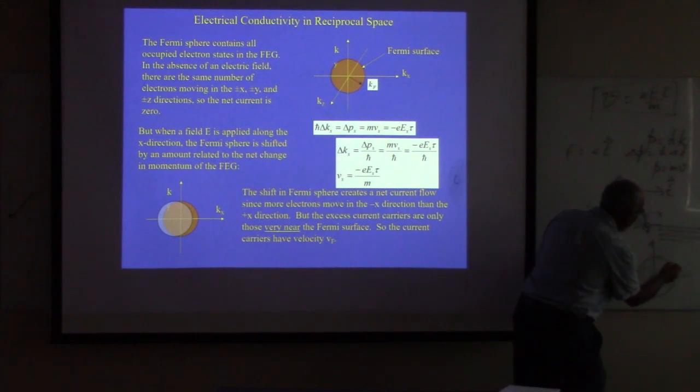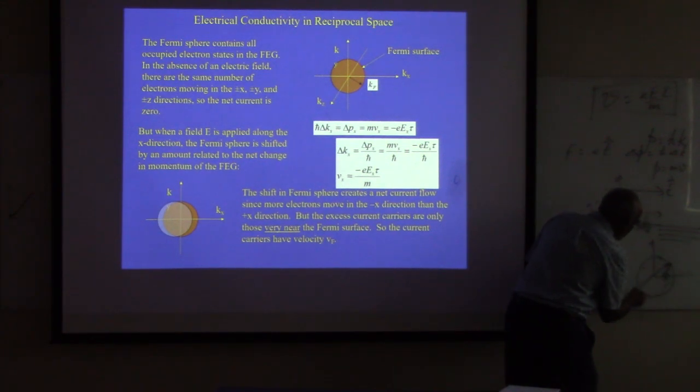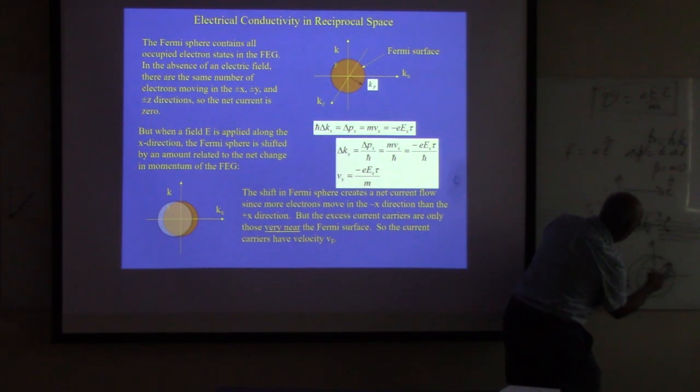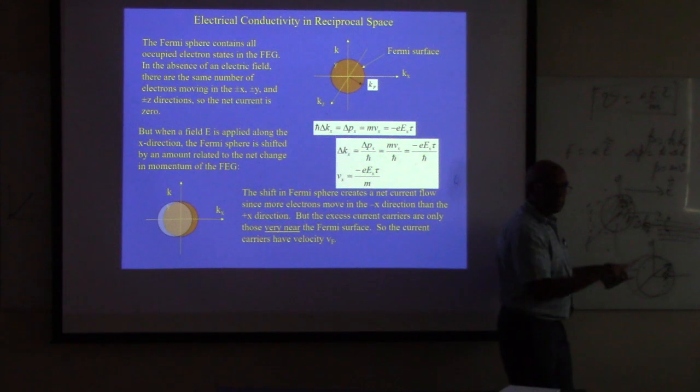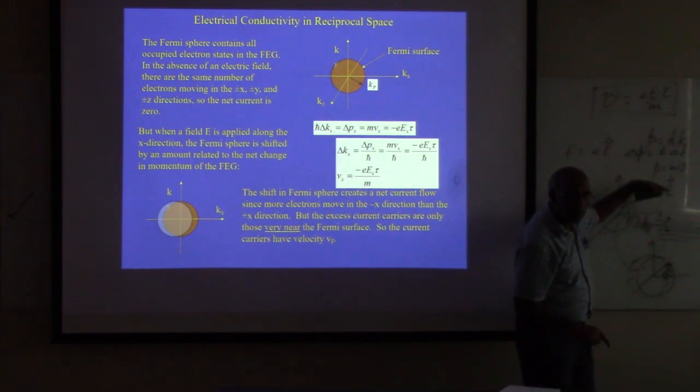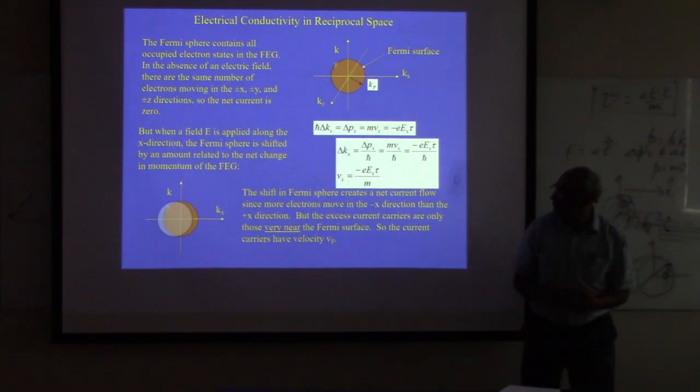The ones closer to this one, sorry, that's the one that contributes to the conduction. That means this becomes this part. You can see how from EF we are promoting to states above that one, just like that.